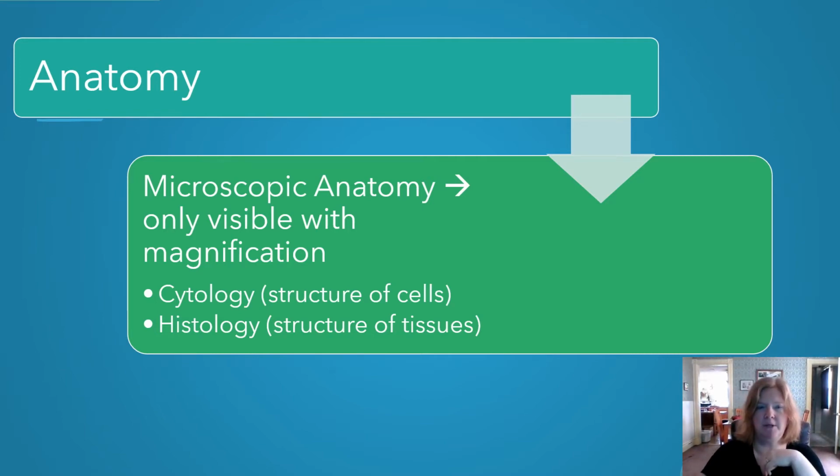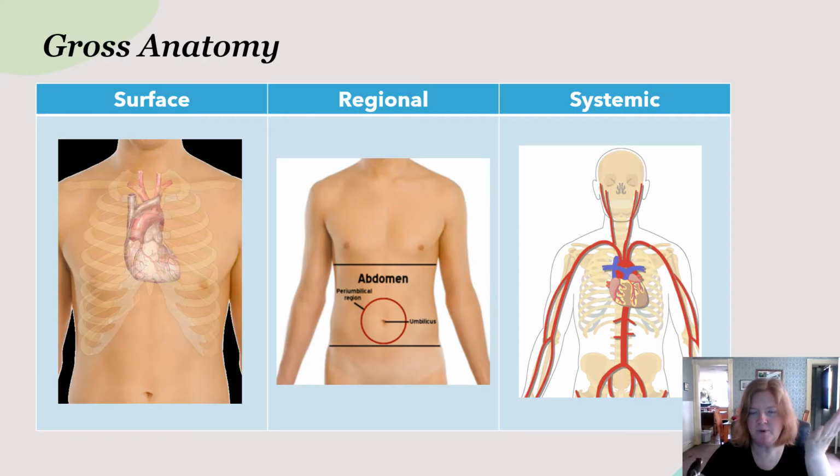Macroscopic, microscopic. Okay, so here are some examples. So you can see for gross anatomy, remember macroscopic anatomy, it's surface. So what can you tell about the anatomy based on what you see from the surface of the skin? Regional, looking at the abdomen, the thorax, the chest, the arm, the head, the neck, and systemic, looking at a specific body system.